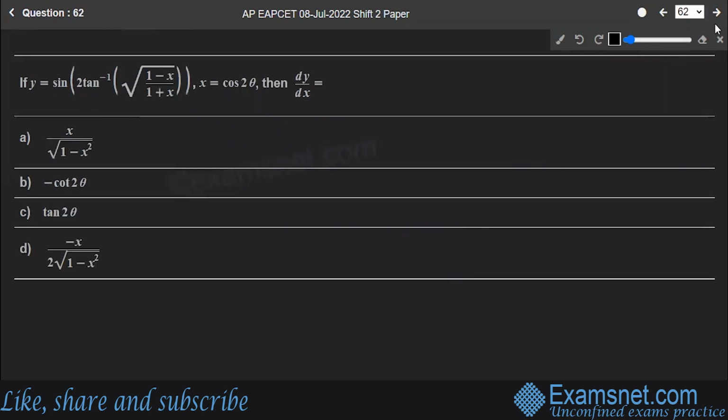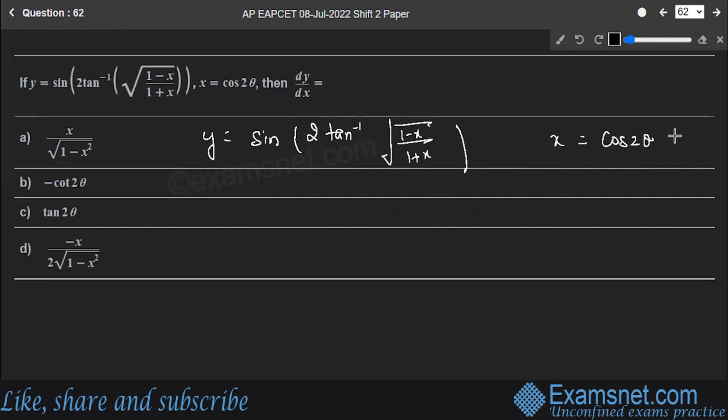It says if y is equal to sine of 2 tan inverse of this whole thing, x is equal to cos 2 theta, then the first derivative of y with respect to x is given by. So you are given y is equal to sine of 2 tan inverse of (1 minus x upon 1 plus x). x is equal to cos 2 theta.